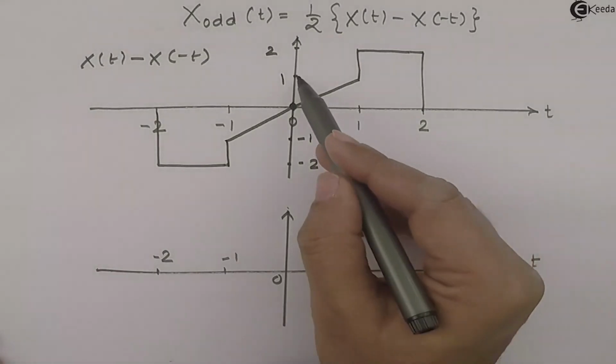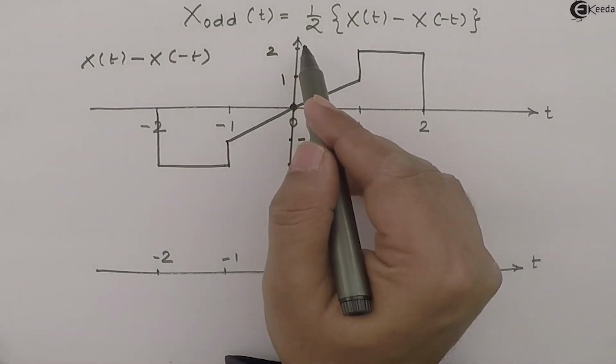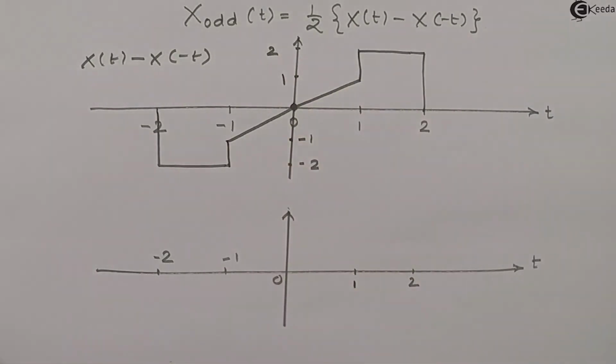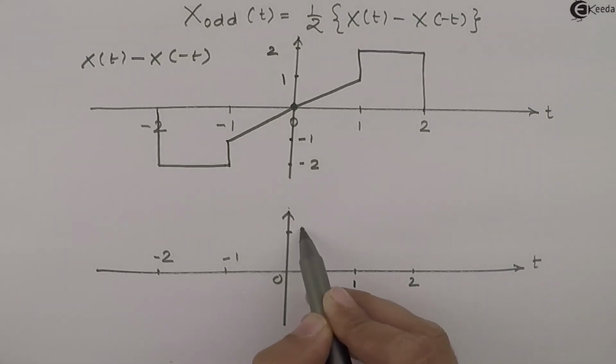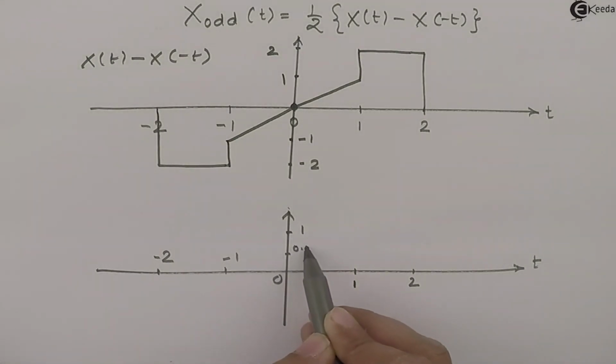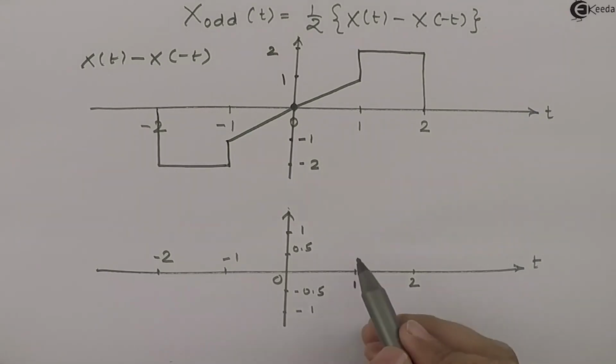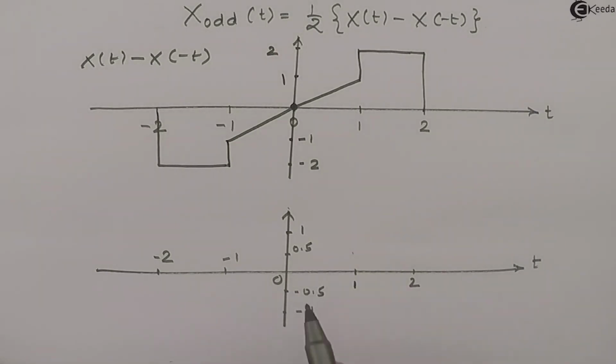Instead of 1, we will have 0.5, and instead of 2, we will have 1, because we are dividing by 2. The same thing will happen for the negative axis as well. Minus 0.5 and minus 1. So if we draw, we will get a signal like this.